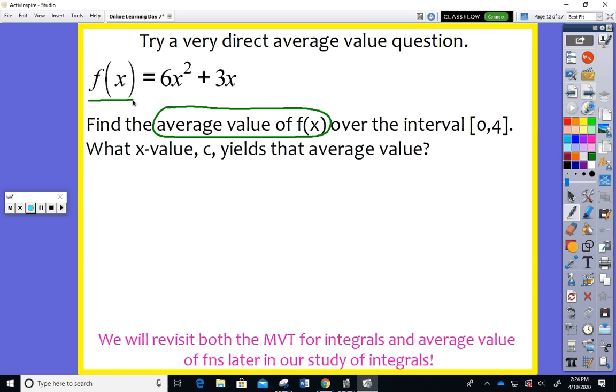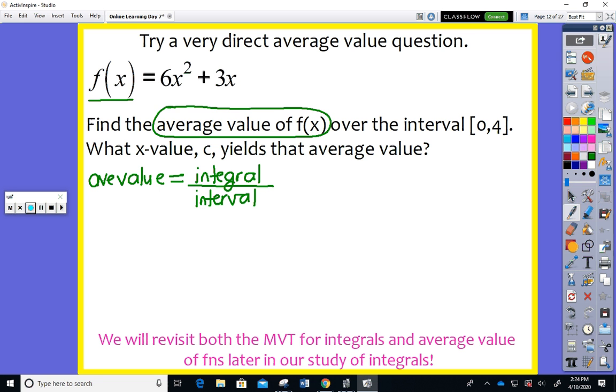But if I want the average value of f of x and you're given f of x, that's average value, not average rate of change. So I see average value, so I immediately think that the average value they're asking for is integral over interval. Even if I don't write out these words, that's exactly what I'm thinking in my mind.